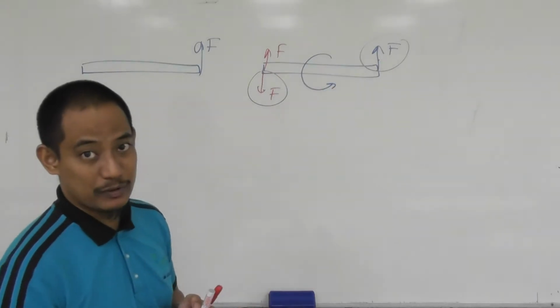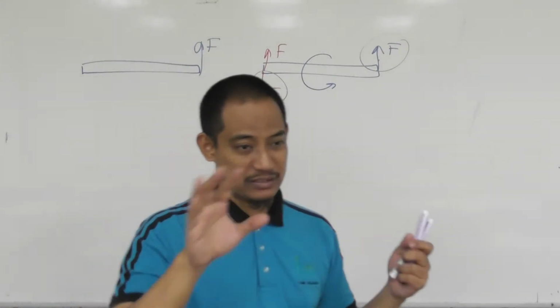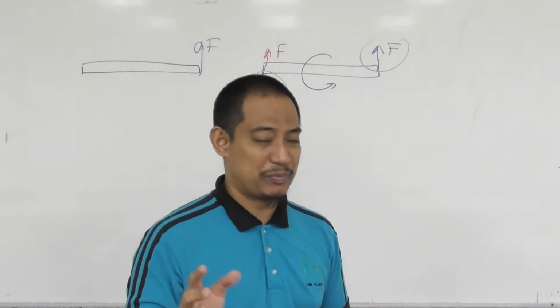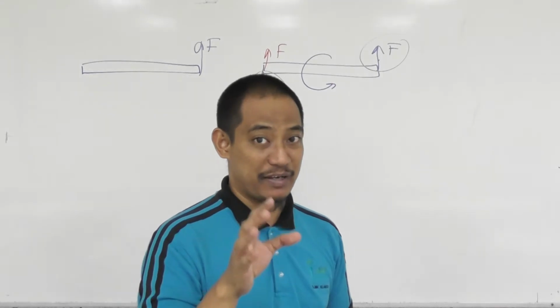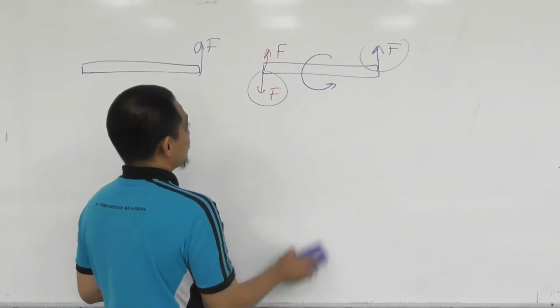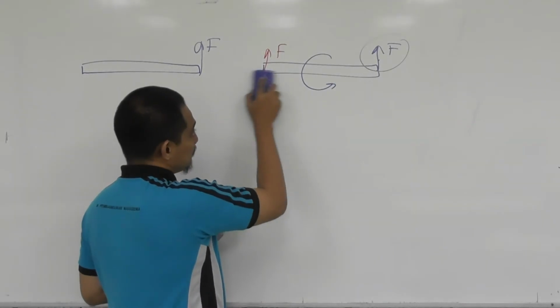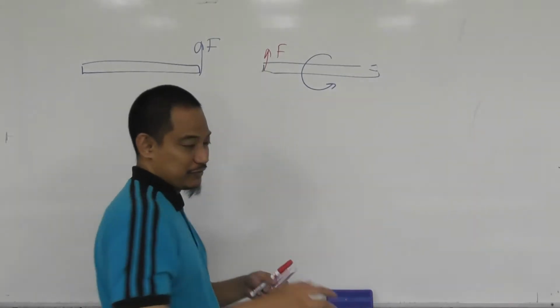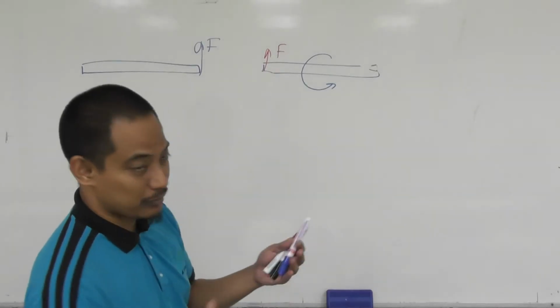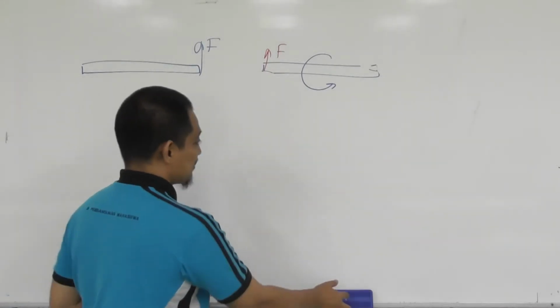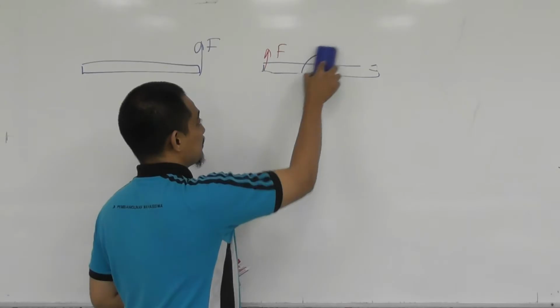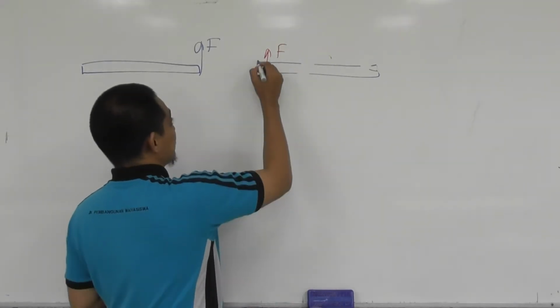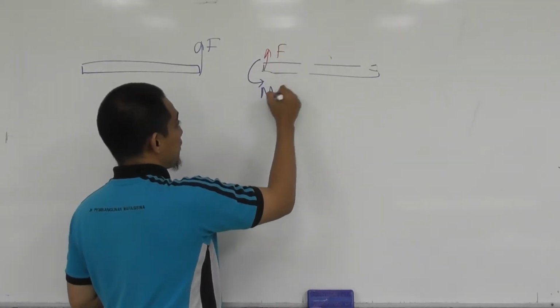It is counterclockwise, right? So if you want to erase and replace, you have to replace with the same effect. So if I have to erase this one, the same effect in terms of forces obviously is 0, so no problem. But in terms of the rotation that the couple is producing, you have to redraw it here, basically something like this.